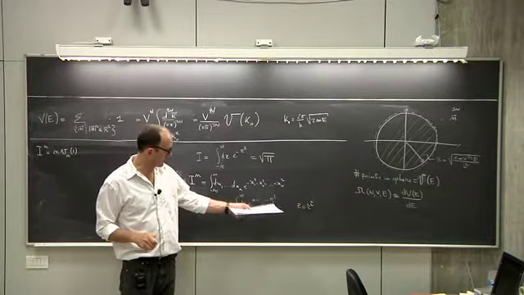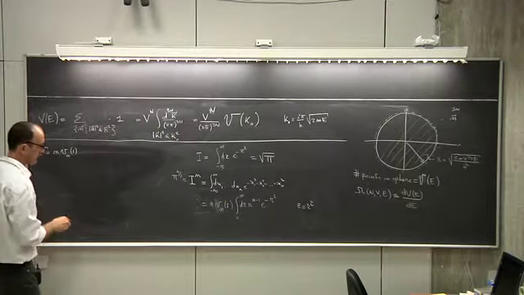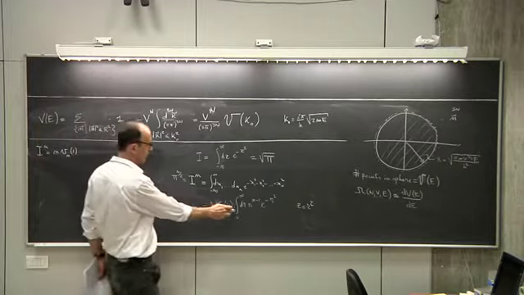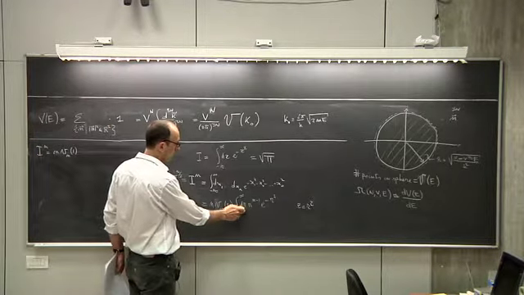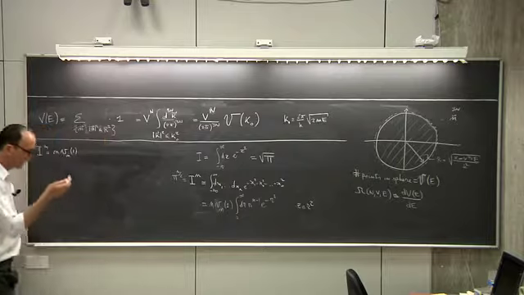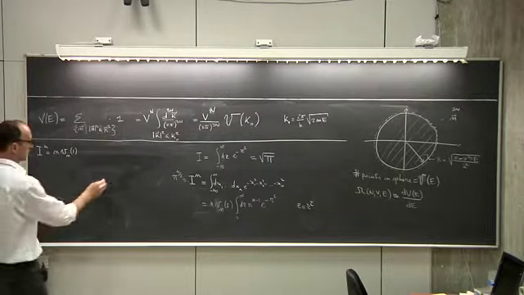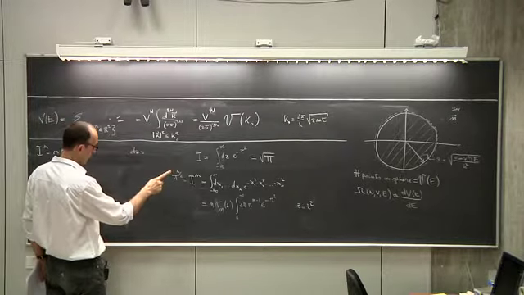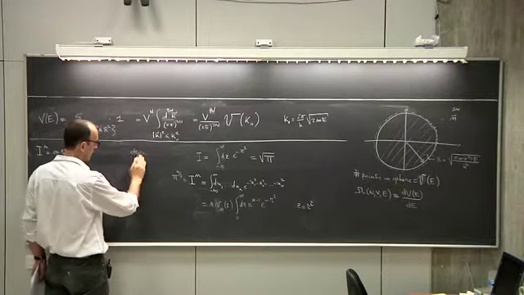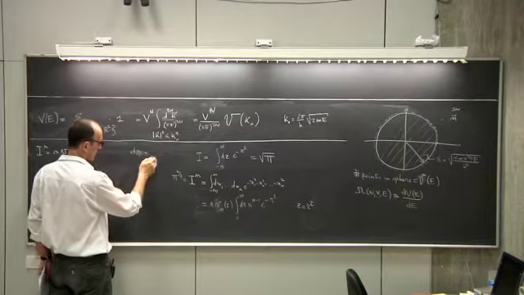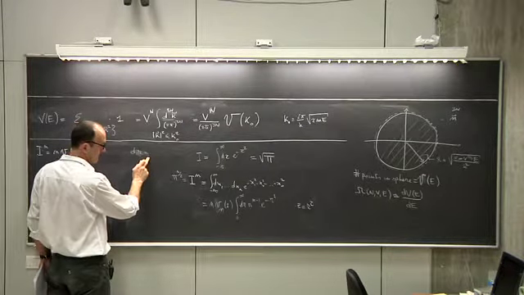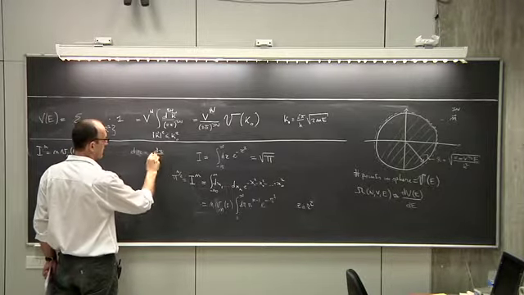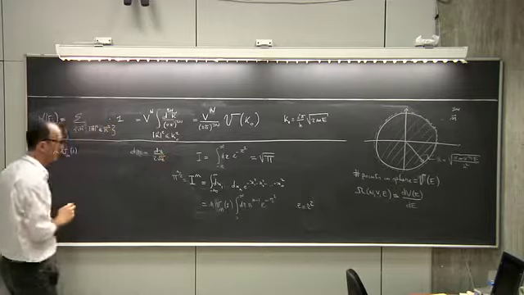Of course, r is equal to square root z, and dr is dz over 2 square root z, right?